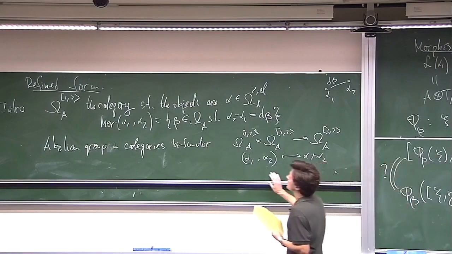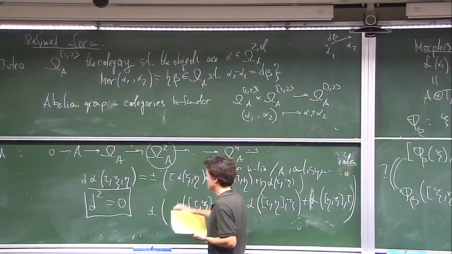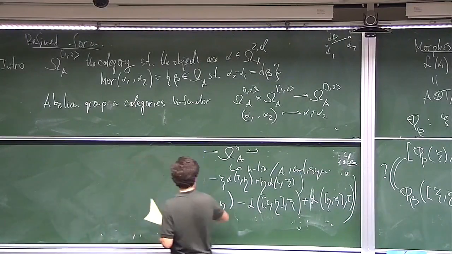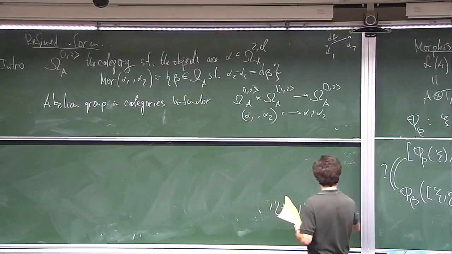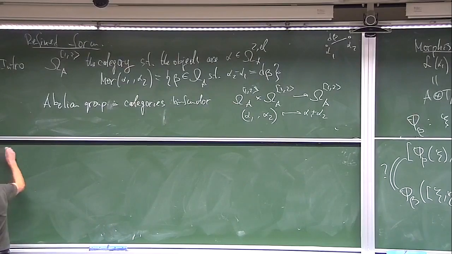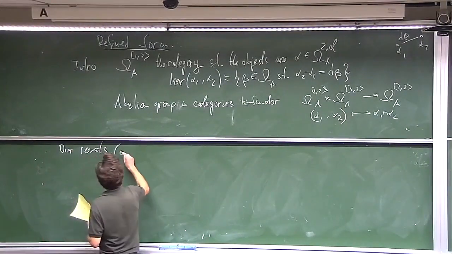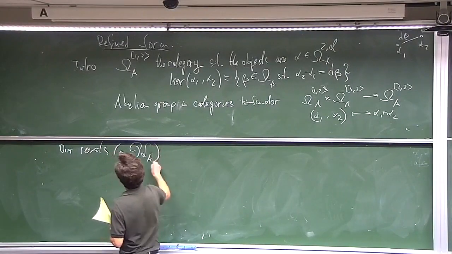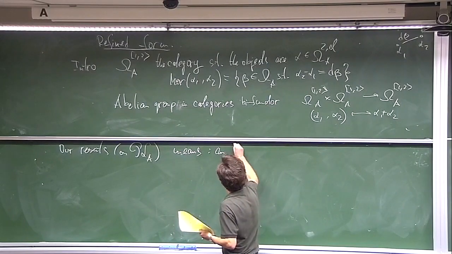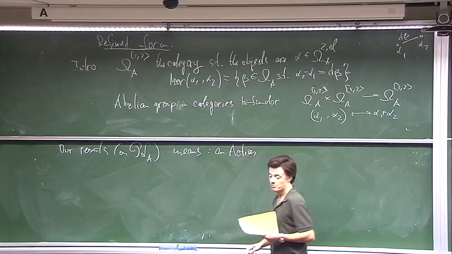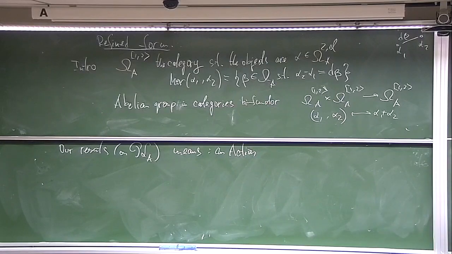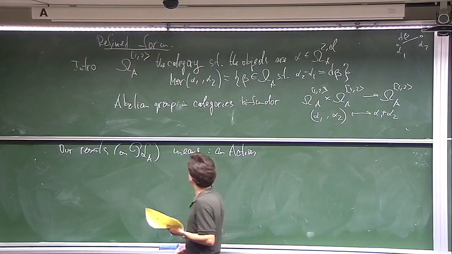All right, so what does this result mean? I'm not telling you anything new, I'm just reformulating it in a pleasing form, that's all. So our results about this mean an action, and we use capital letters to signify that this is an action of a group in categories rather than a group.